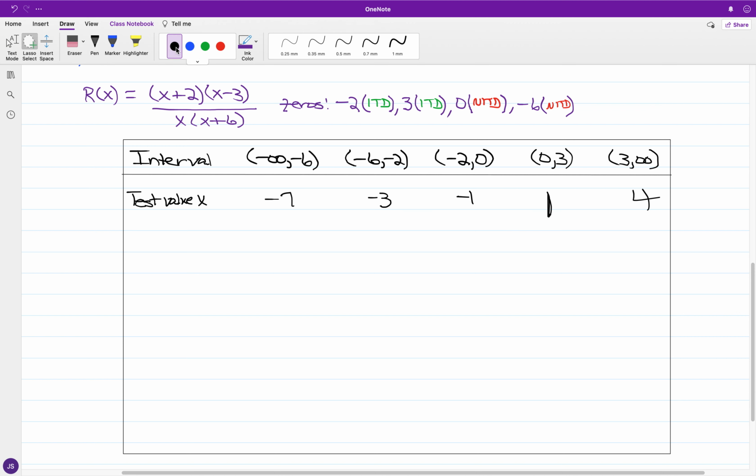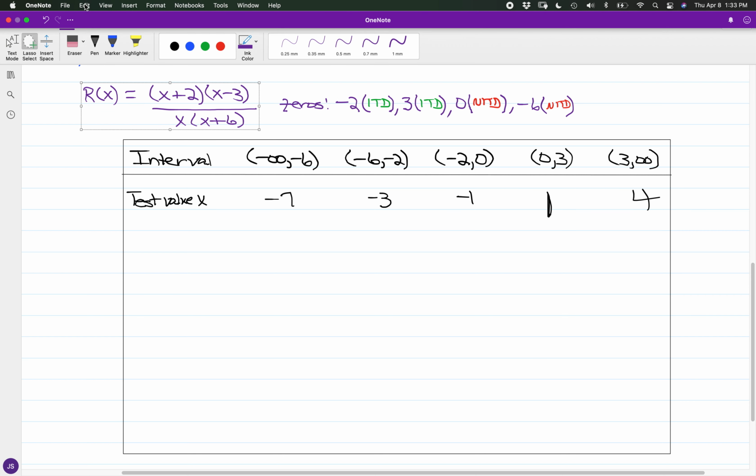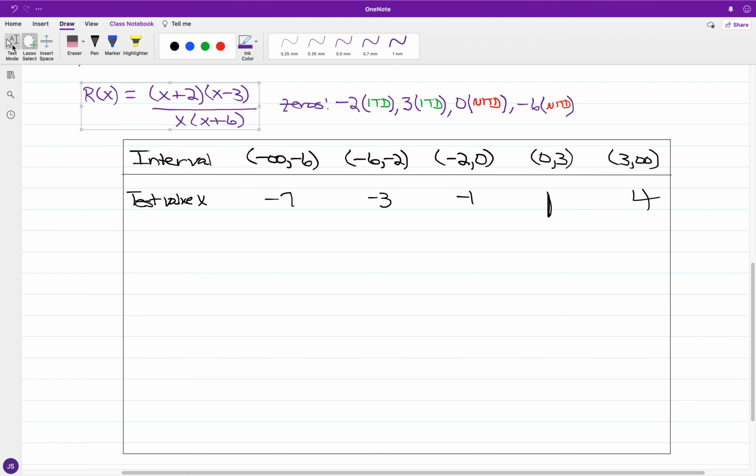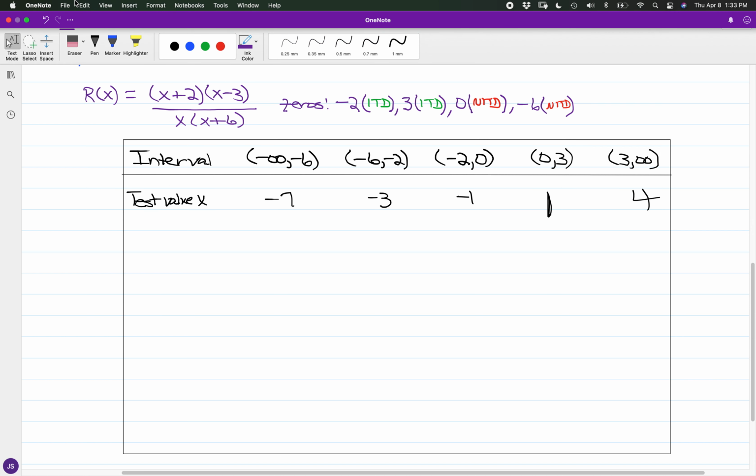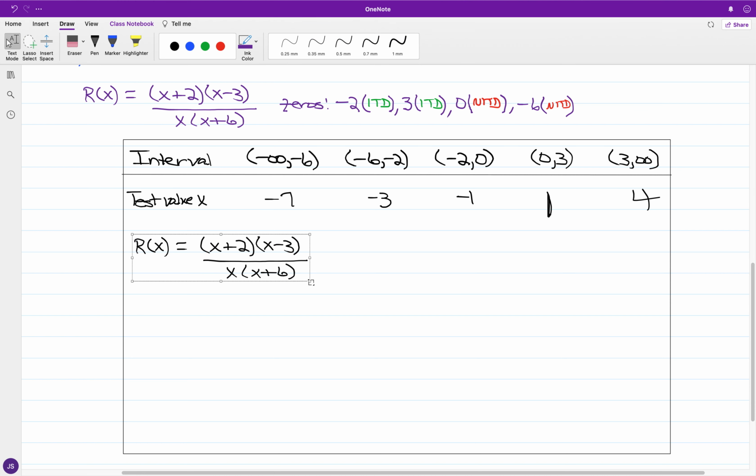And just taking these inputs into the rational function.